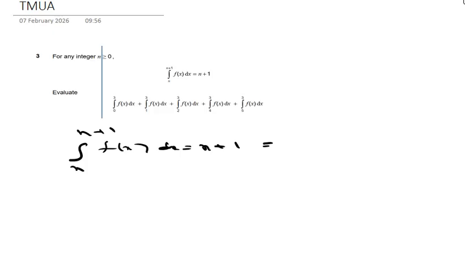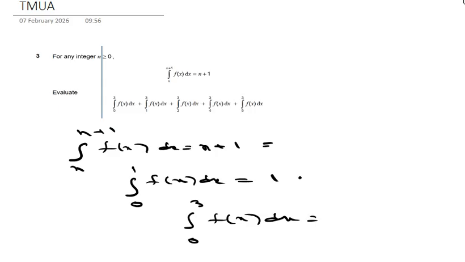Now let's write the values. The integral from 0 to 1 of f(x) dx is equal to 1, the integral from 0 to 3 is equal to 3, and the integral from 0 to 5 is equal to 5. Now break each integral.